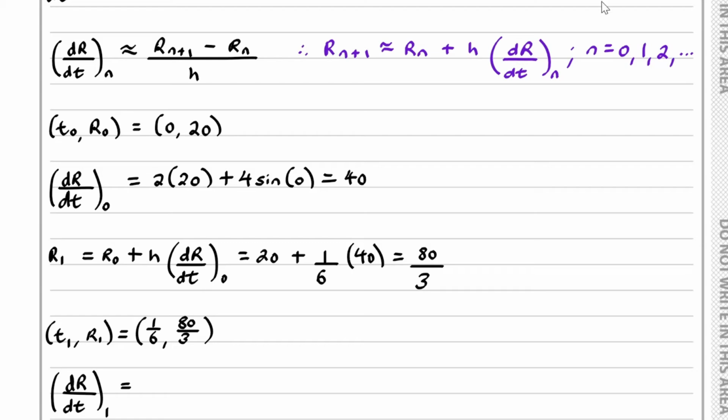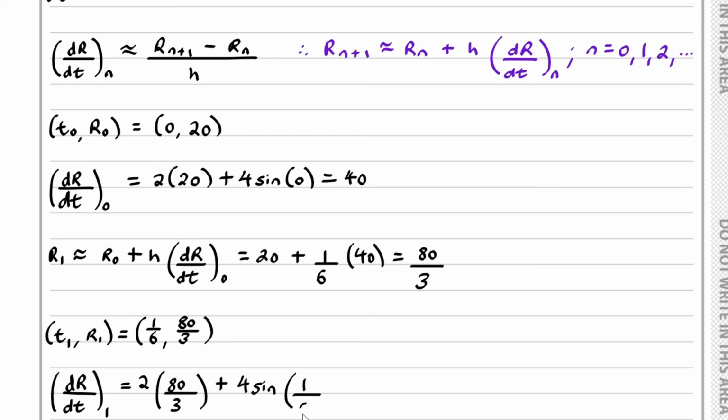And now we can use this information to find out what dr over dt 1 is. So what we have over here then is 2 lots of 80 over 3 plus 4 lots of sin t, so we know that t is equal to 1/6.